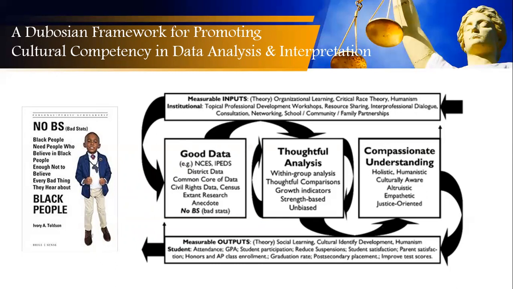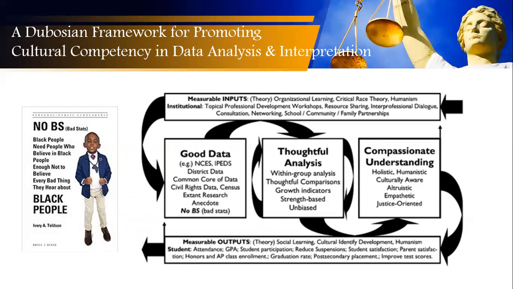And finally, once we've engaged in thoughtful analyses, we need compassionate understanding. It really is all about how we as researchers choose to interpret the data that we collect and analyze. So we not only need good data and thoughtful analyses, but compassionate understanding speaks to how we interpret the data.